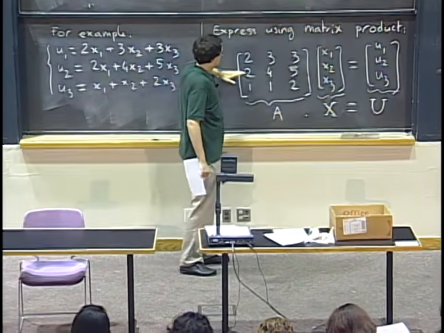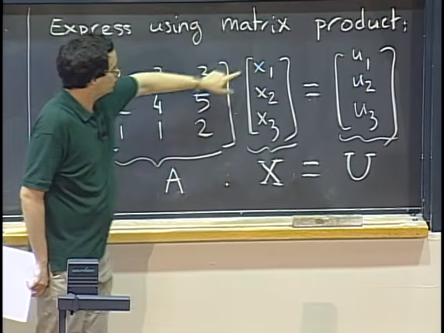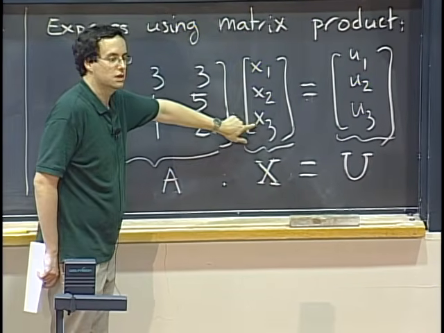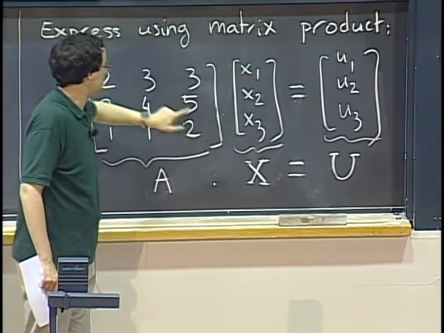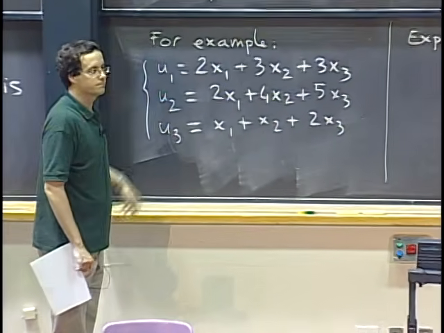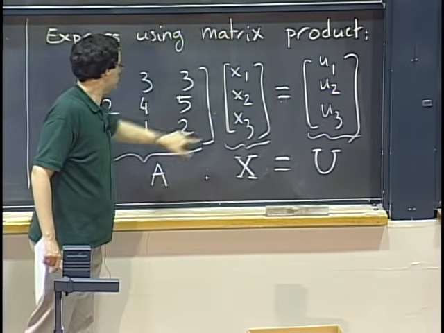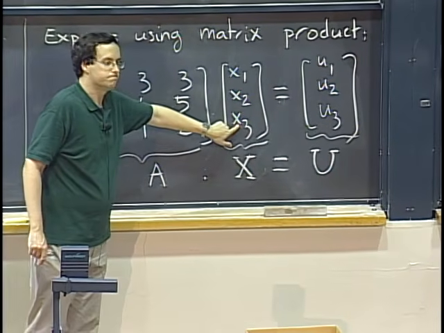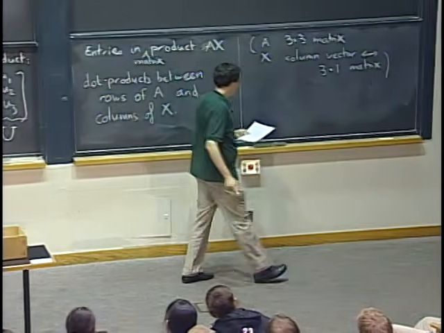I take the second row of A, 2, 4, 5, and I do the dot product with X1, X2, X3. I will get 2 times X1 plus 4 times X2 plus 5 times X3, which is this thing. And same with the third one, 1 times X1 plus 1 times X2 plus 2 times X3. Okay, so that's matrix multiplication.